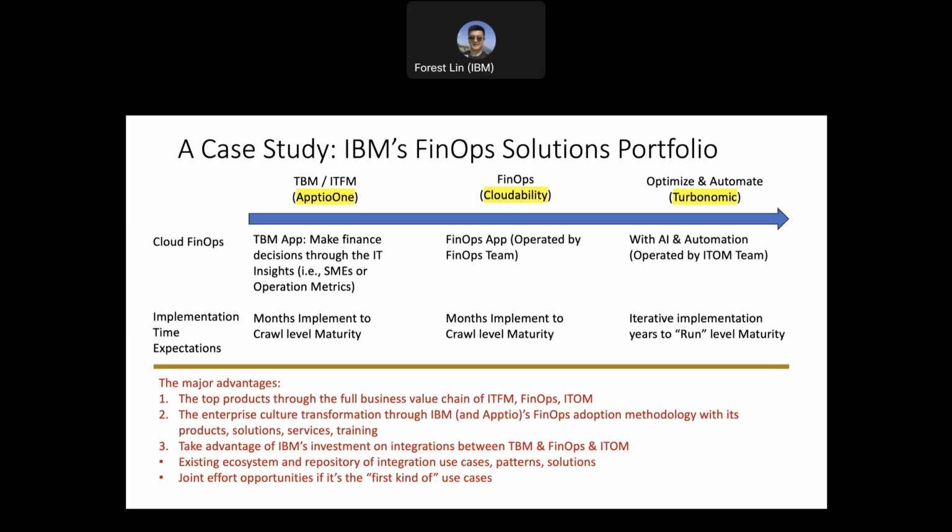And if you're using these three products all from IBM, so many use cases, solutions, and patterns are already practiced, and all these assets or artifacts can be reused. In case there are some use cases never practiced yet, this is called a first-of-a-kind use case, and there can be a joint effort between IBM and the enterprise by discussing with the IBM product management team. So this is IBM's FinOps solution portfolio.